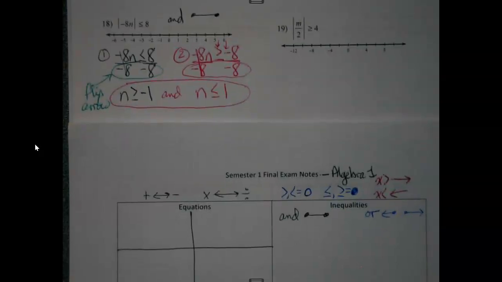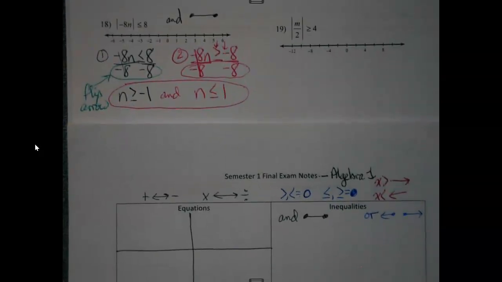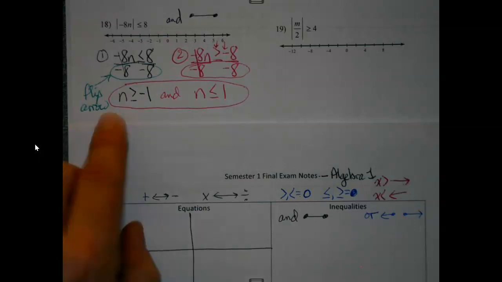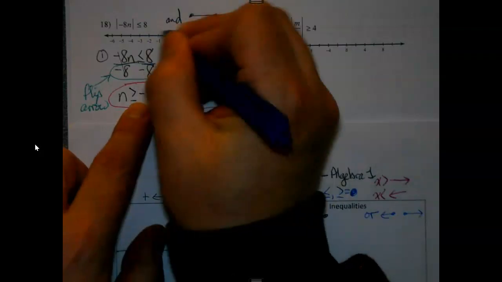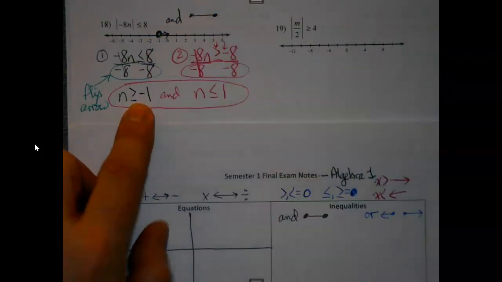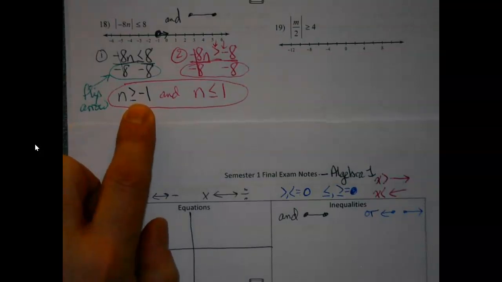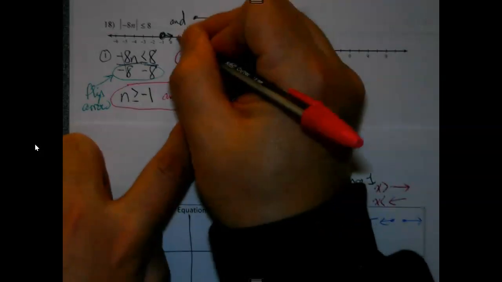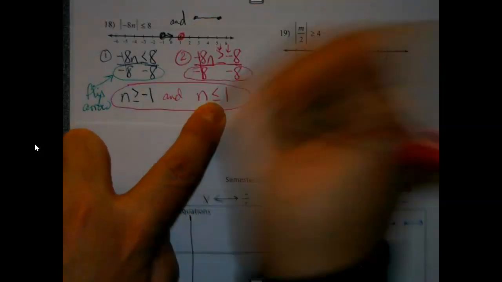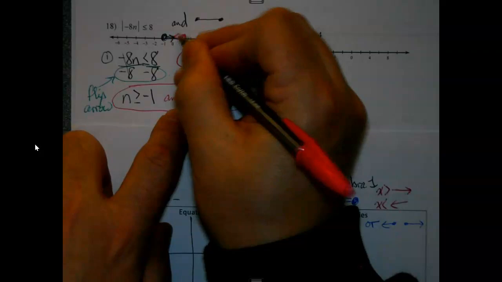So by flipping those arrows and remembering, now when I graph, the arrow's eating it, that goes to the right. So at -1, we're going to the right. And here at 1, my arrow is going to the left.